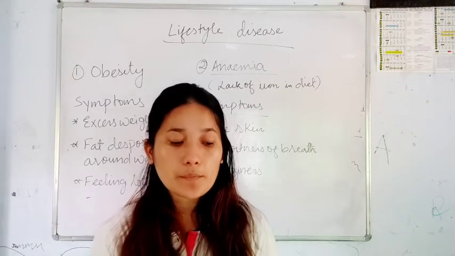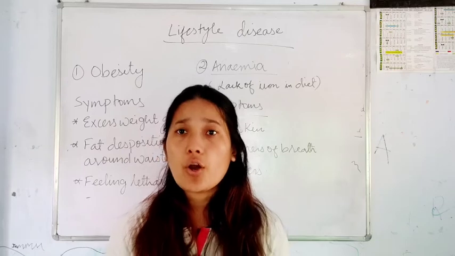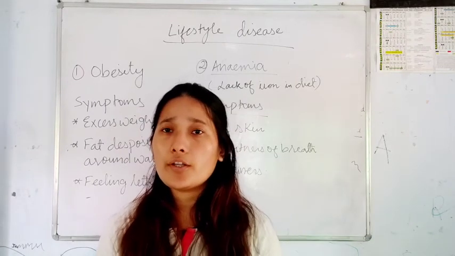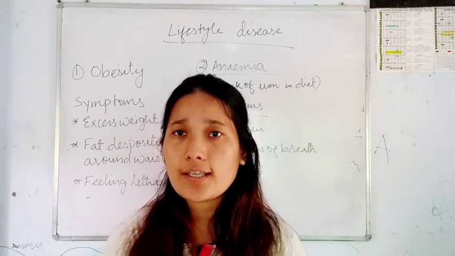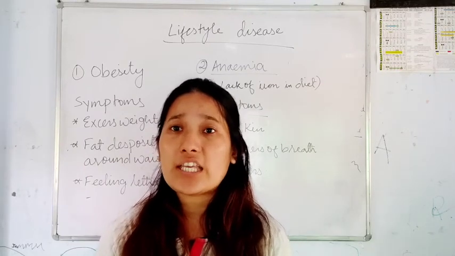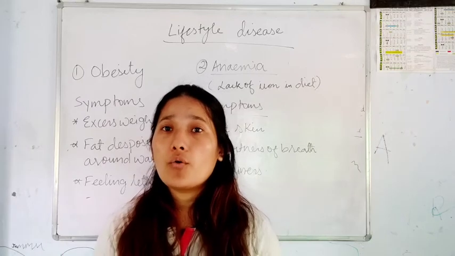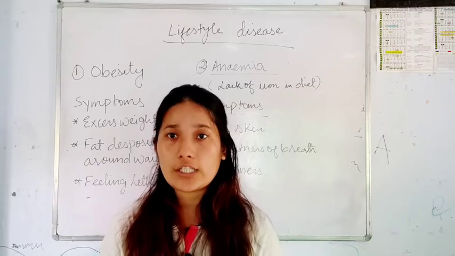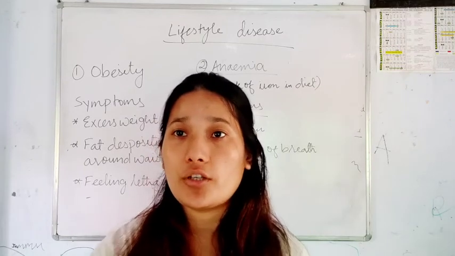How does it occur? Like I told you, maybe because of not following regular exercise, eating unhealthy food, or taking food which contains more sugar or salt. All this results in high blood pressure.